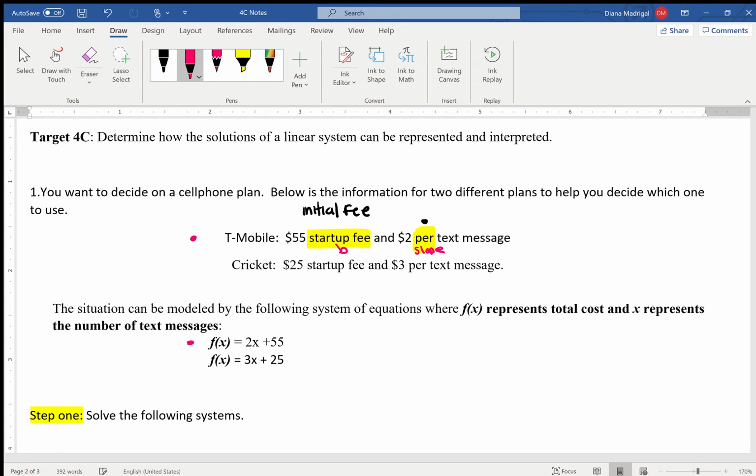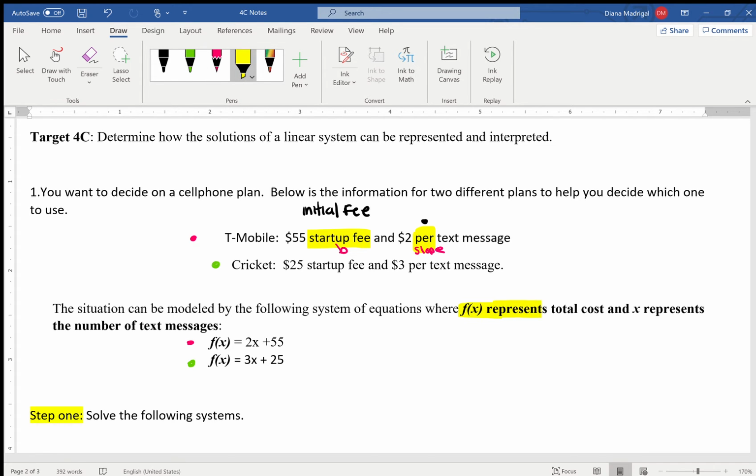As you can see, it's already written for you. The second equation is talking about Cricket. The initial fee is 25, and the slope is $3 per text message, so 3x. Everything's given to you in this problem.